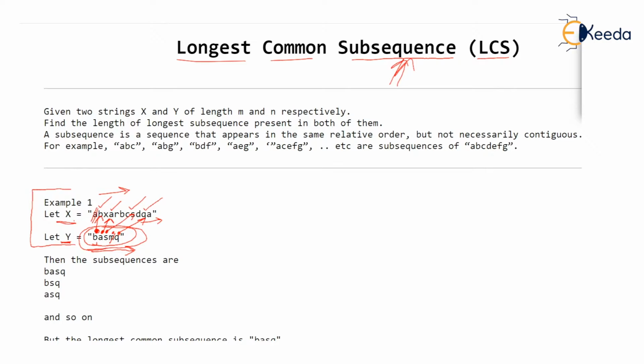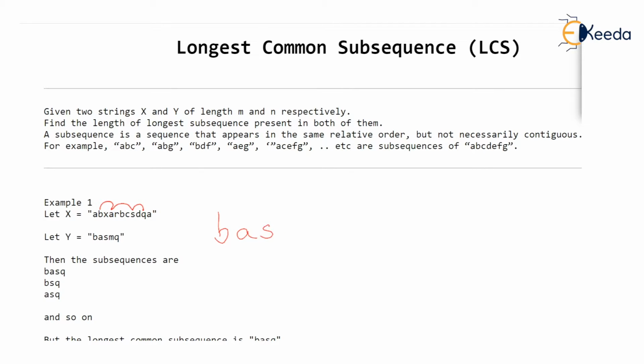So the characters which really matched between X and Y in the direction left to right were B, then A, then S, and finally Q. So the common subsequence between the two strings is B, A, S, Q.